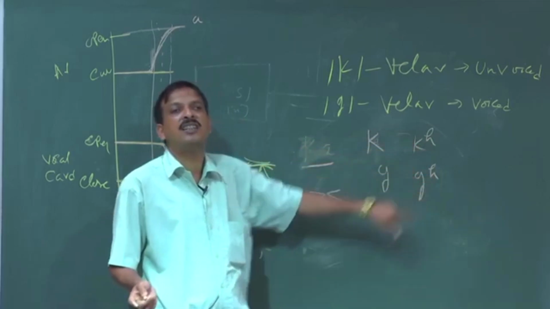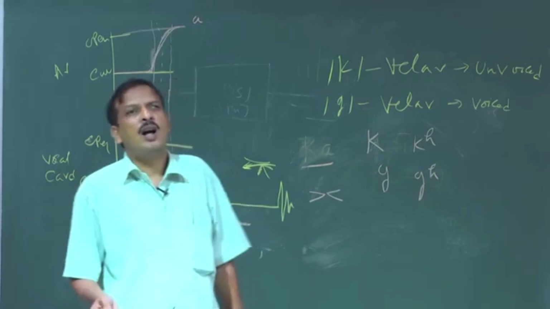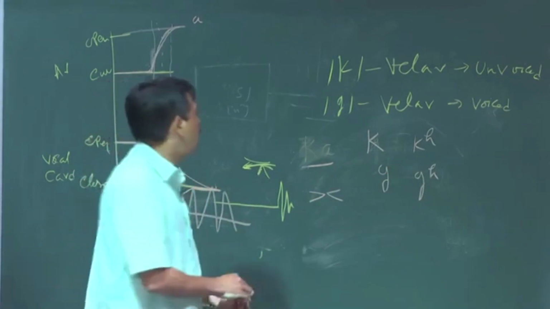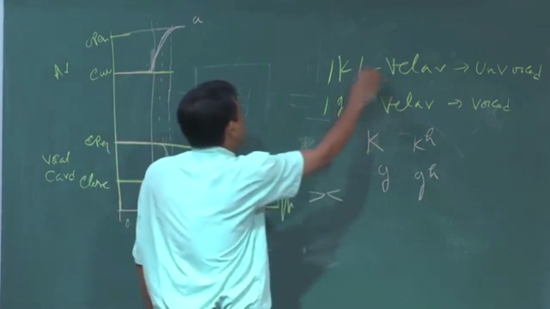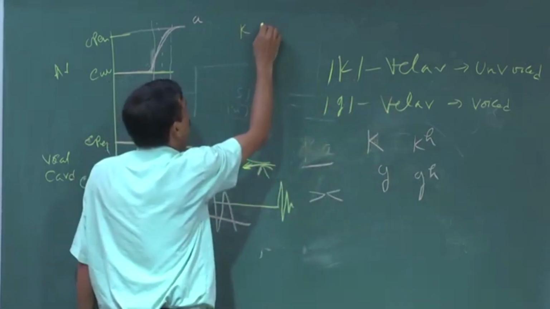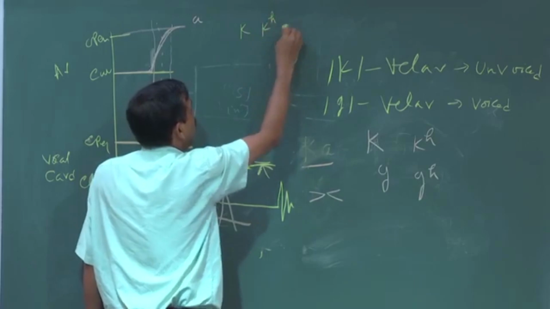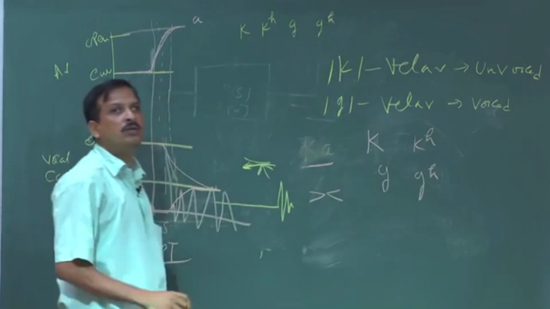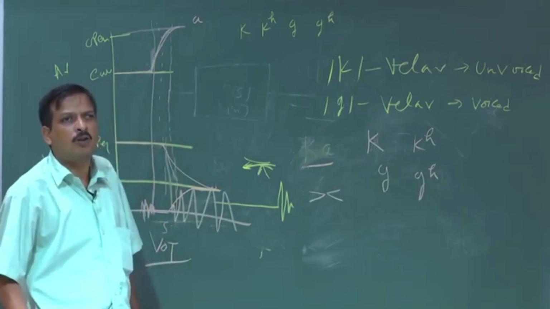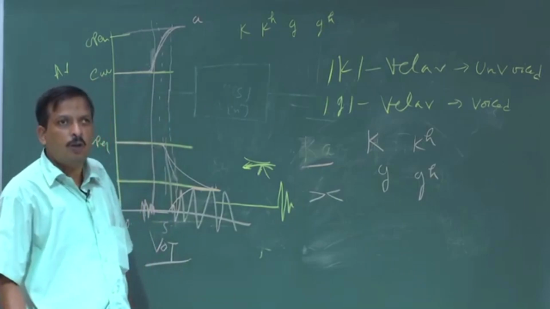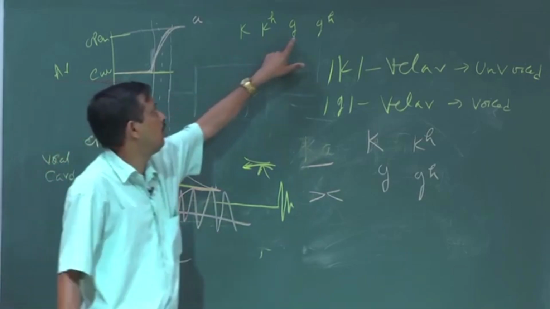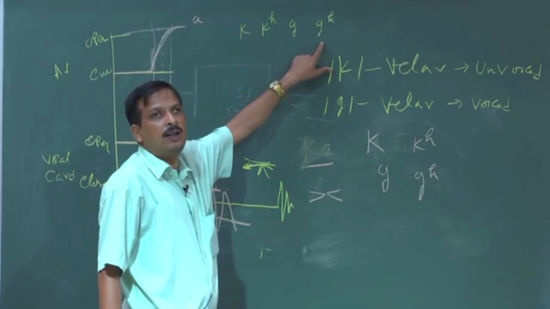If the aspiration is unvoiced, we call it unvoiced aspiration. So I have 4 varieties of velar sound: Ka, Kha, Ga and Gha. All are plosives or stops. Ka is velar, Kha is velar, Ga is velar, Gha is velar.